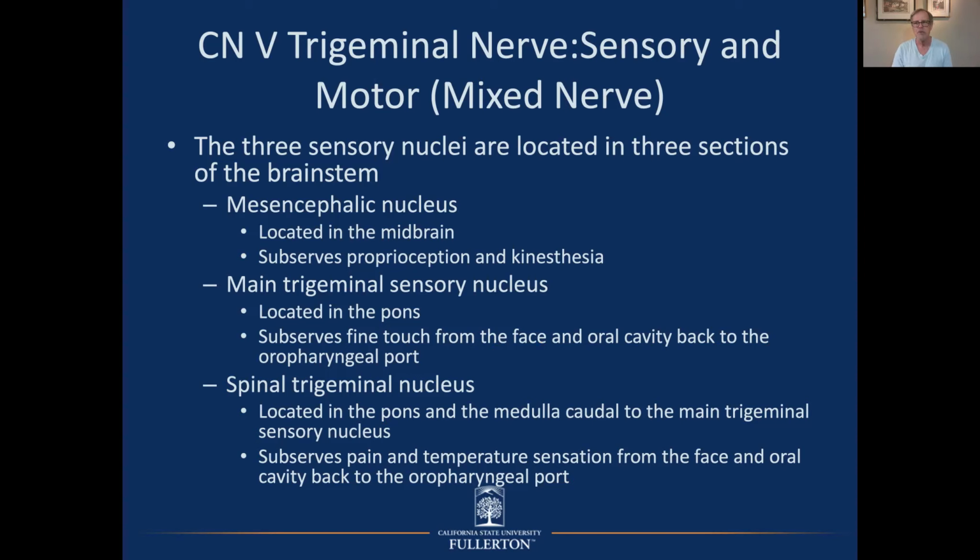And then the neurons that are going to be carrying proprioceptive and kinesthetic information, they turn and go toward the midbrain and synapse here in the mesencephalic nucleus. Those that are carrying light touch synapse here, not in the dark part, that's going to be the motor part, but in the light part, the chief sensory or principal sensory nucleus. And then here's the spinal nucleus of the trigeminal, or just called spinal trigeminal nucleus.